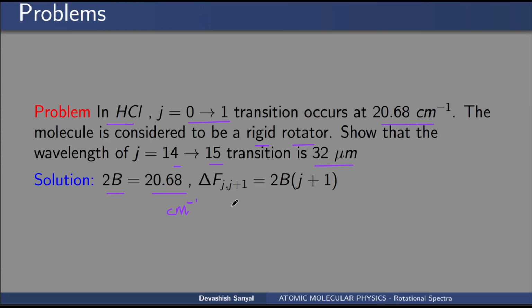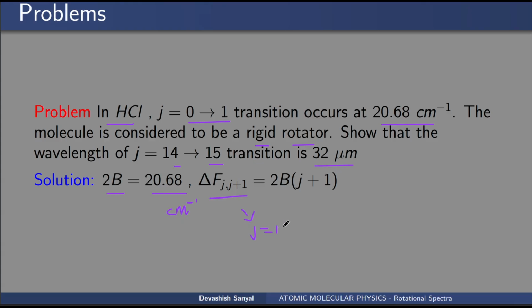And the difference in the inverse of wavelength is twice B (J plus 1). So in this case J is equal to 14.